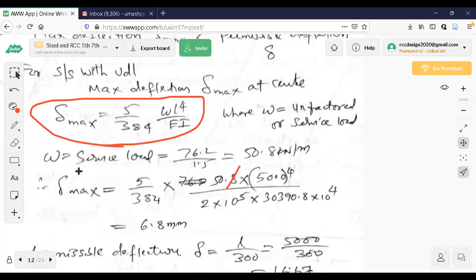So what I have done to find this 76.2, the factored load, I divided it by 1.5 because earlier it was multiplied. Now that's nothing but 50.8. 50.8 must be used in this equation.